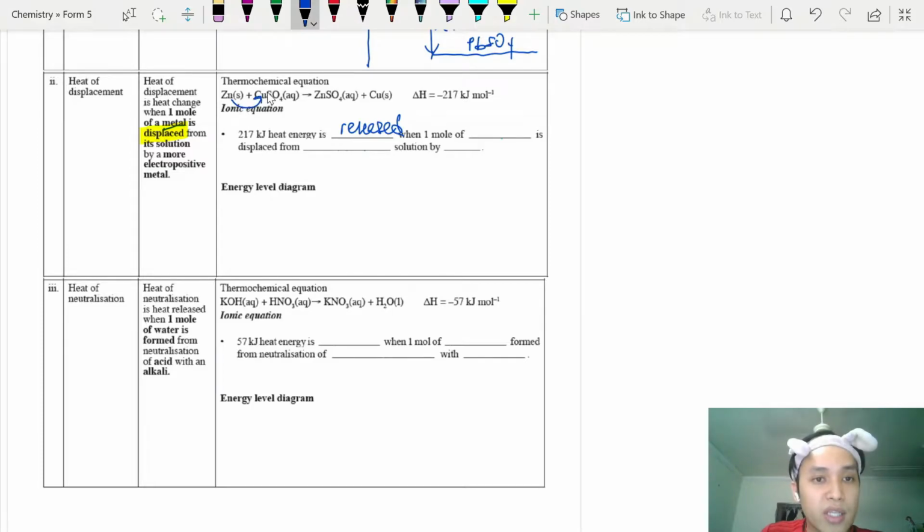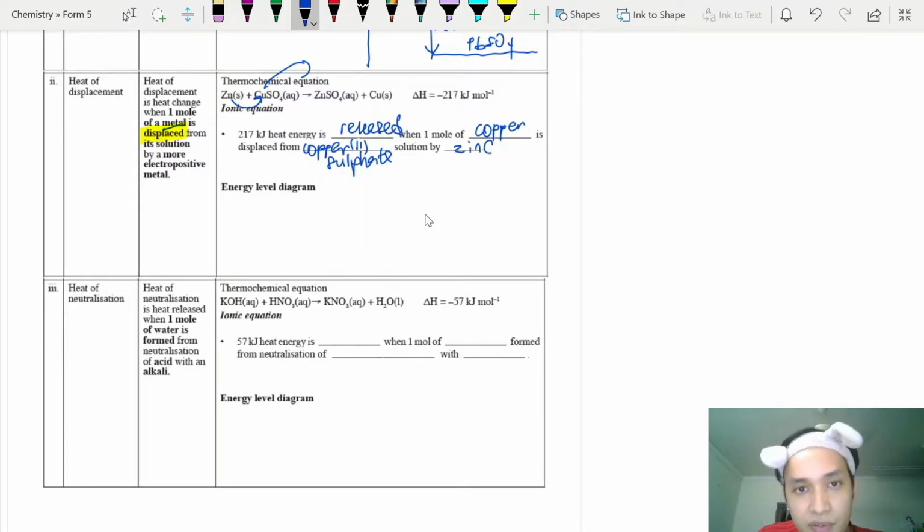So zinc will kick the copper out. So when 1 mole of copper is displaced from the solution, meaning the name, copper 2 sulfate solution, by a more electropositive metal, meaning by who? By zinc. So you need to give it specifically. That is how you should write your definition.